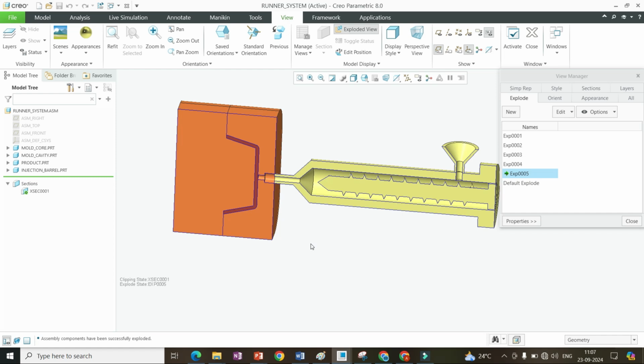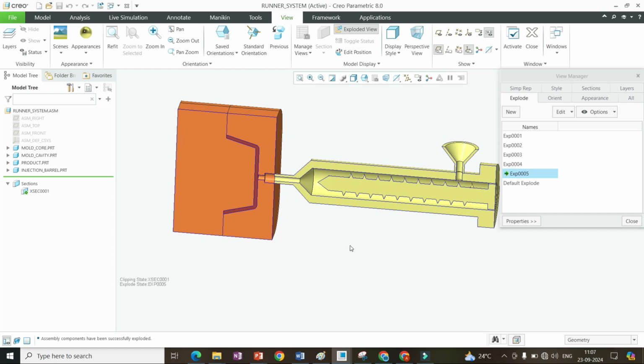We need to maintain them properly so that our part will be defect free and we will get a good finish. For that we need good mold quality, the mold material should be good, we need to set the parameters properly, and we need to use the proper material to get the proper finishing of the product.